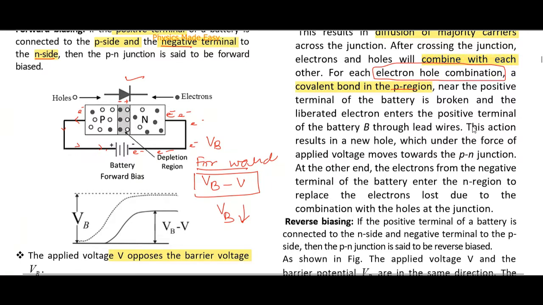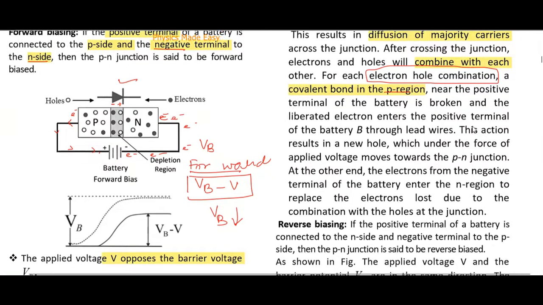In this region, the covalent bond breaks. Electron moves like this, as I have shown in the diagram.